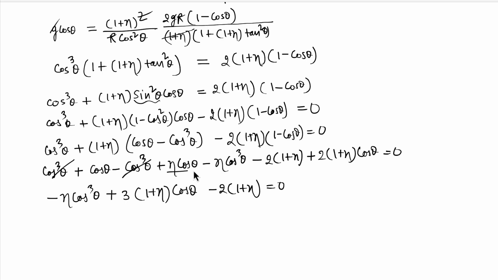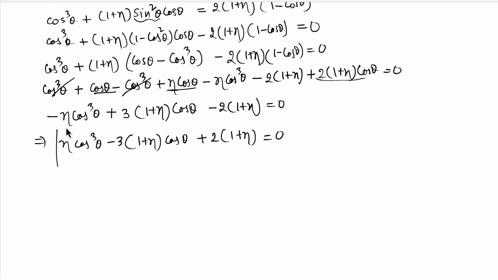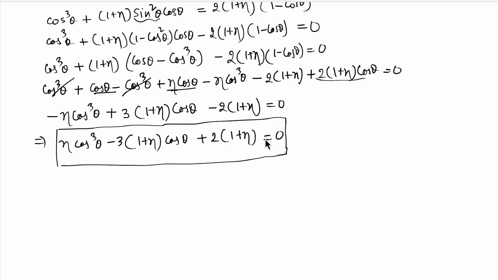Therefore eta cos cube theta minus 3(1 plus eta) cos theta plus 2(1 plus eta) equal to 0. So this is the final expression for cos theta, and it is pretty formidable to solve, because eta is a variable here.